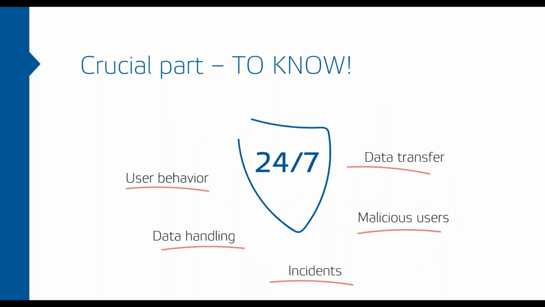And the crucial part of the audit, or why we are actually doing it, is to know. We need to know 24/7, and we want to know about the most important things like data transfer, malicious users, security incidents, data handling, and also user behavior, because from user behavior we can predict if there is some potential risk or incident coming.